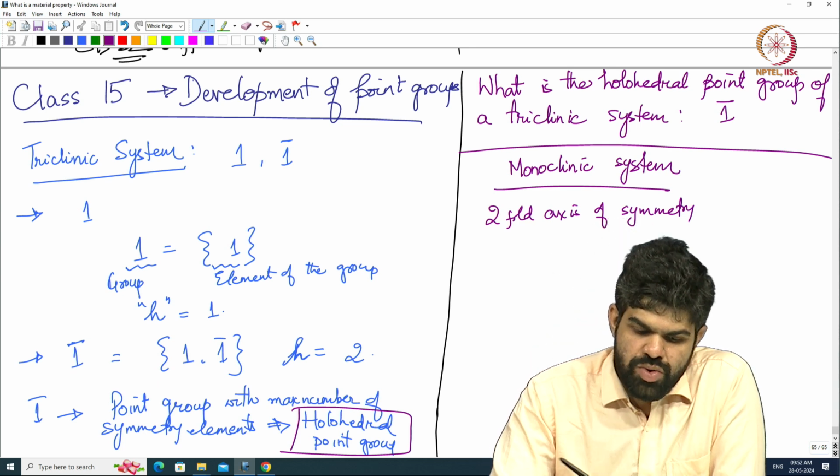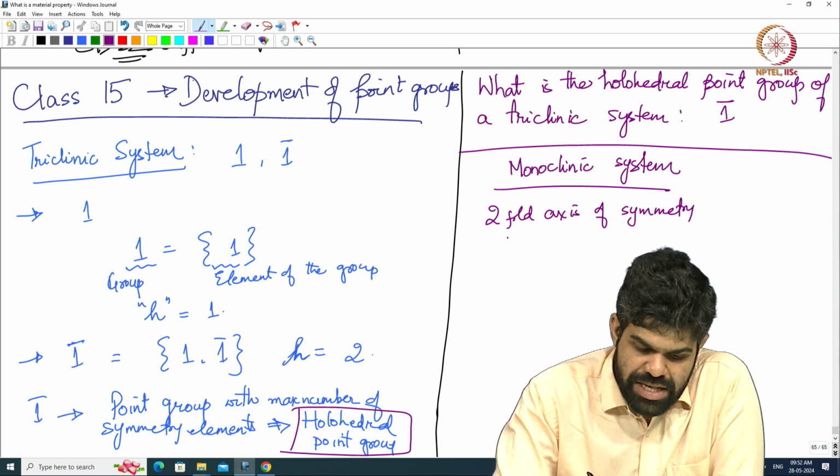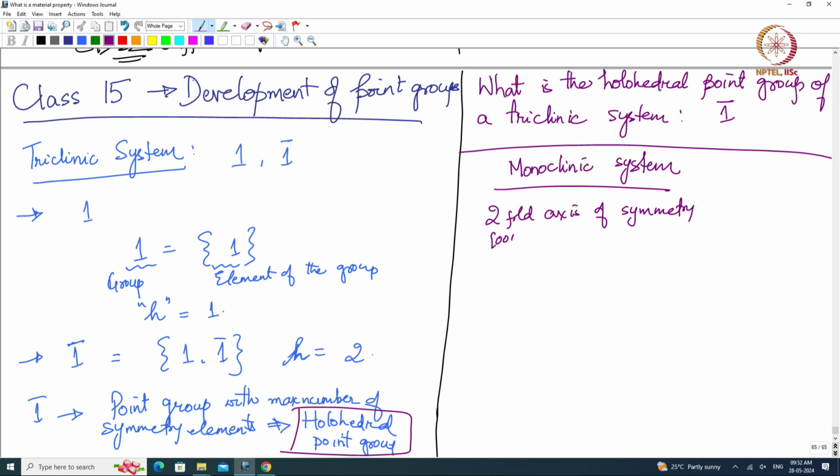So, let us say that axis is the C axis, or 0 0 1 is the axis about which there is twofold rotation symmetry. So, what are the other operations?